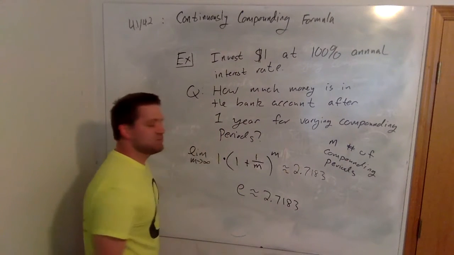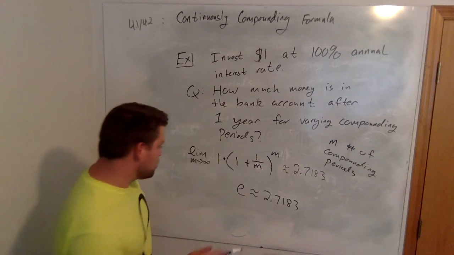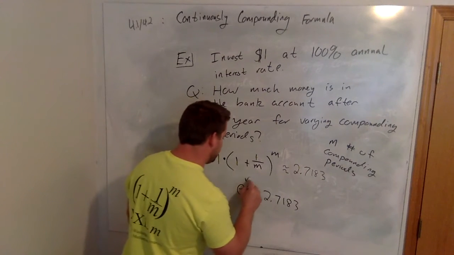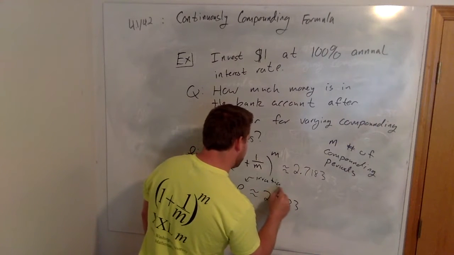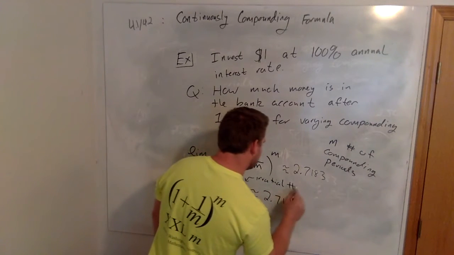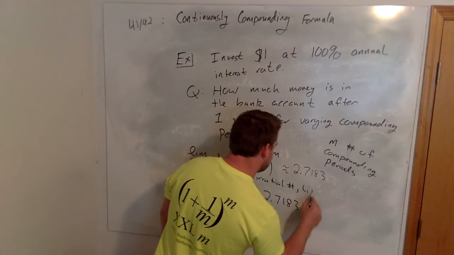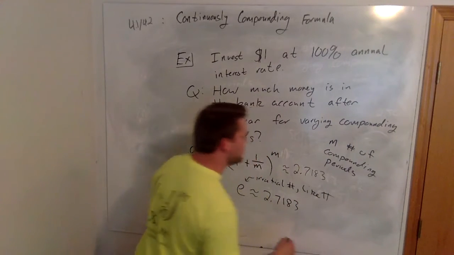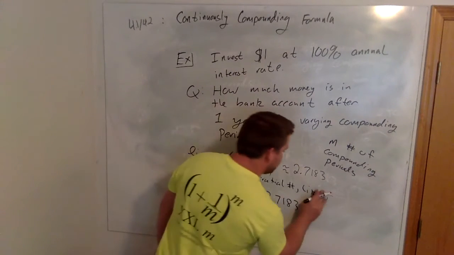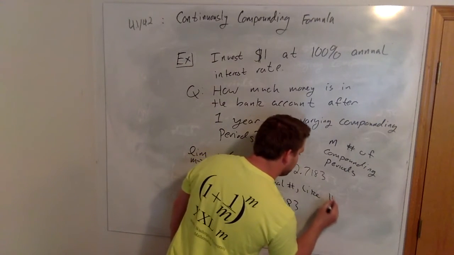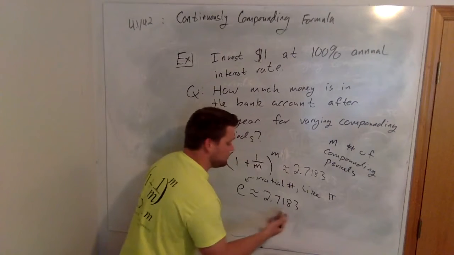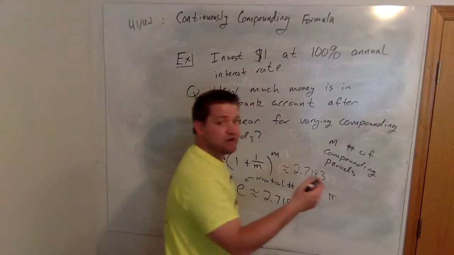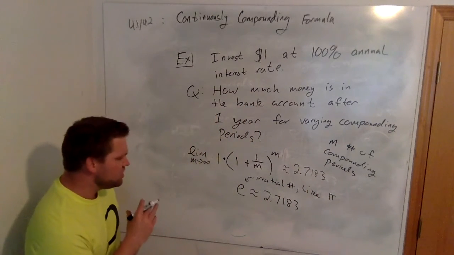This is an irrational number like pi. Pi is an irrational number. It just means that its decimal version continues on forever, and the digits don't have any sort of pattern to them. So E is an irrational number.